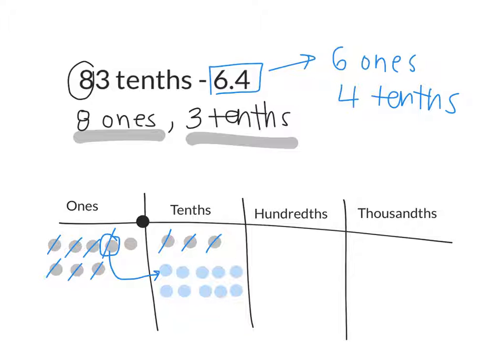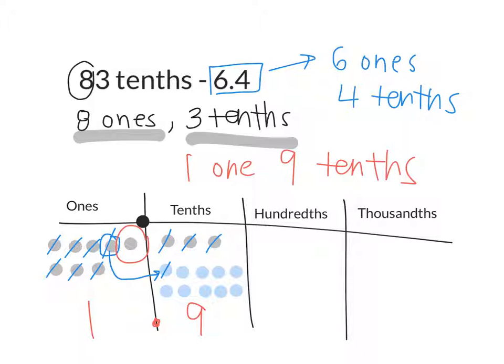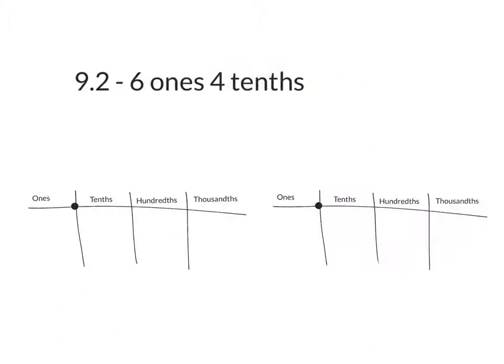How many more tenths do I need to cross out? 1 more. There we go. So what do I have left? How many ones do I have at the end of this? 1. How many tenths do I have? 9. So the answer is 1 one and 9 tenths, or in standard form, 1.9.